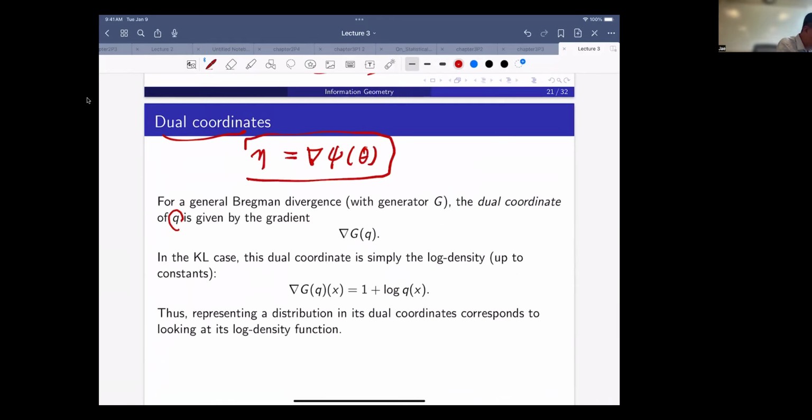We already have this, right? So eta is a dual coordinate of theta. But now the argument here is G of P or Q, so it's still the same thing.